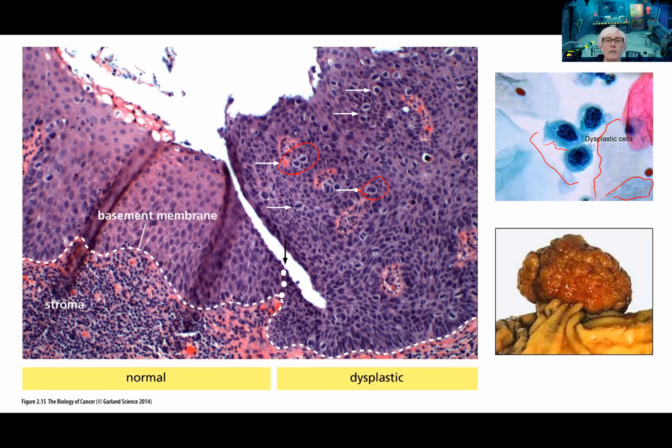And in addition to having irregular edges, dysplastic cells often have a higher number of nucleoli in the nucleus. A normal number of nucleoli might be 3, 4, 5, something like that.